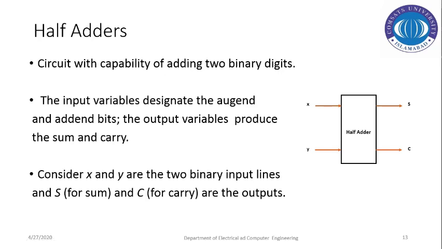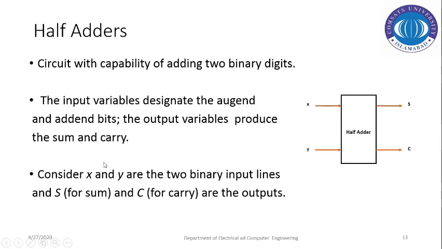The inputs in this block diagram are X and Y. These are the two binary bits being added, and the results are sum S to represent the sum operation, and C, if any carry is generated. The input variables designate the augend and addend bits. The output variables produce the sum and carry, which I have already discussed.